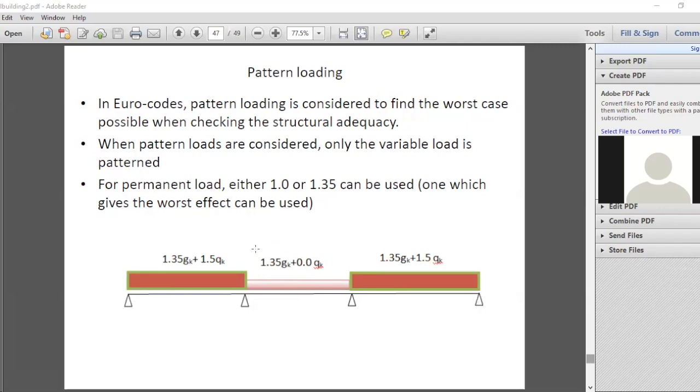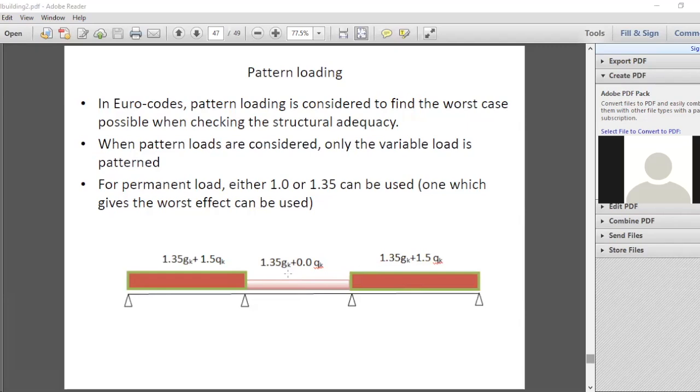Then you will ask why Eurocode specifies 1.35. In the earlier British code we used to have the value of 1.0 GK, but when you look at Eurocode, it clearly states that this type of massive variation is not generally possible.